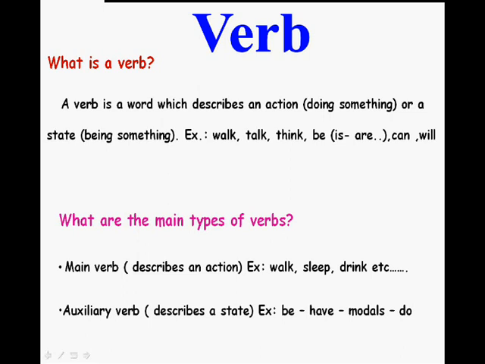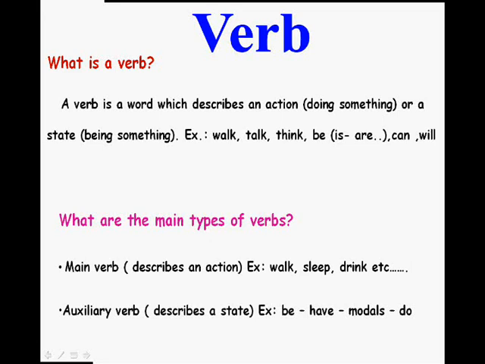And then we have auxiliary verbs, and an auxiliary verb describes a state. An auxiliary verb like be, have, okay, verb to be, verb to have, modals, and verb to do. So these are auxiliary verbs.